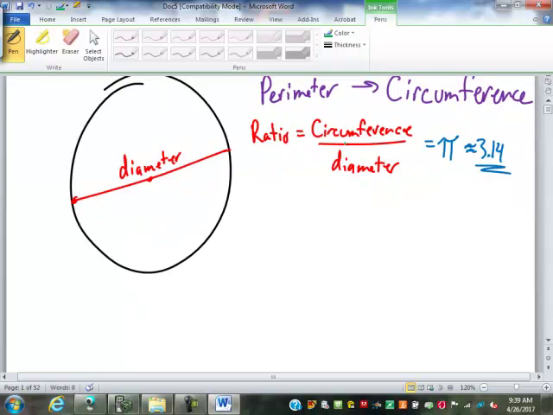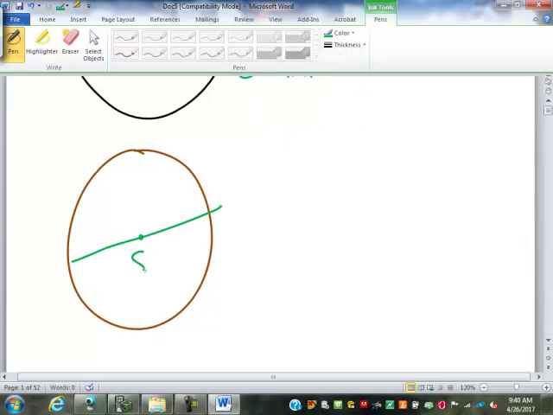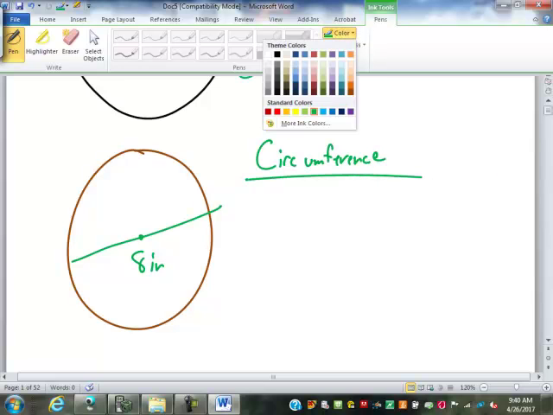Because that ratio between the circumference and the diameter is pi, you can find the circumference, which we abbreviate with C, as pi times the diameter of a circle. So if I have a circle with a diameter of 8 inches, find the circumference or the perimeter.